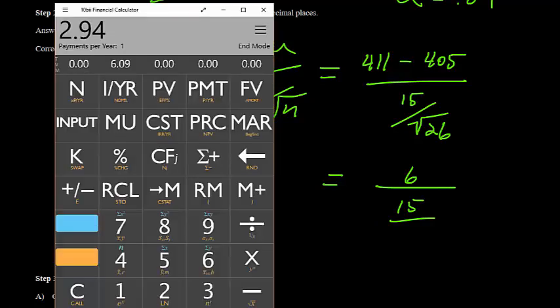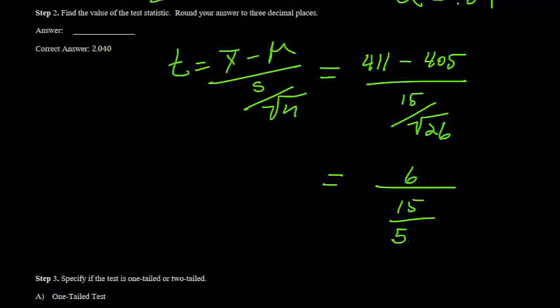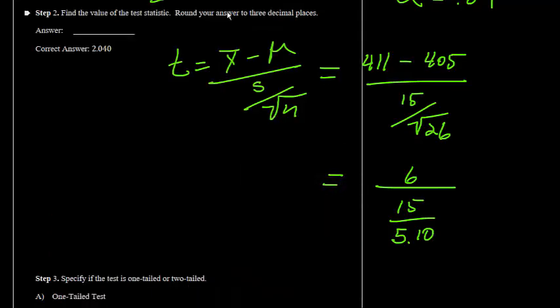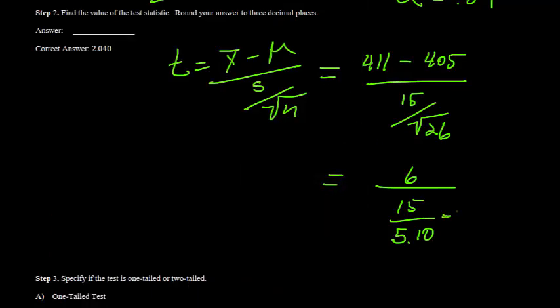Calculator. The square root of 26, 5.10. Put that into memory. Let's go the long way. 15 divided by 5.1 is equal to 150.